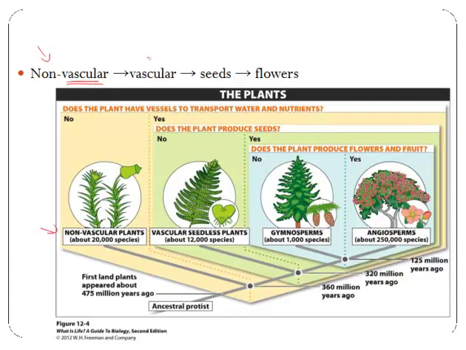Then they develop specialized structures to transport water and nutrients, so we'll look at vascular plants. The development of seeds was important, and also finally of flowers. That was the most recent development in plants. And we'll look at all these from an ancestral algae all the way through angiosperms, or flowering plants.